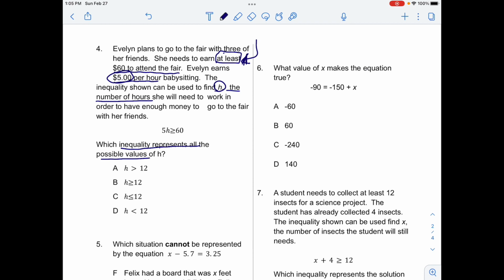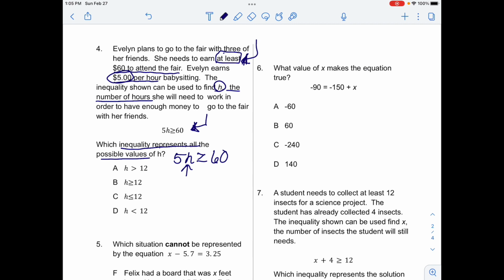Right now we're going to solve to figure out how many hours she must work. Well, look here. The inequality is already written for you. So it's 5 times H is greater than or equal to 60, which means she needs to work this many hours or more to earn $60.